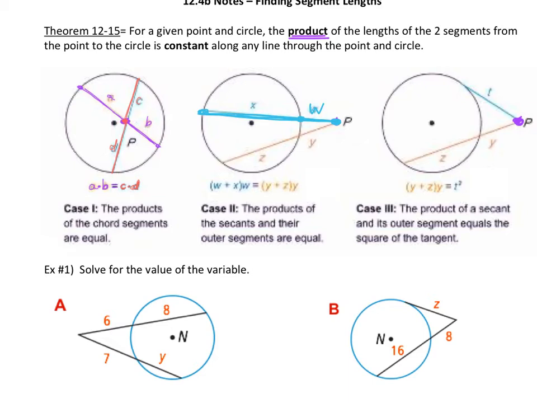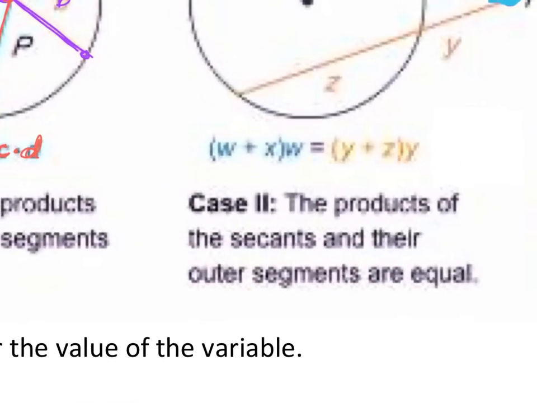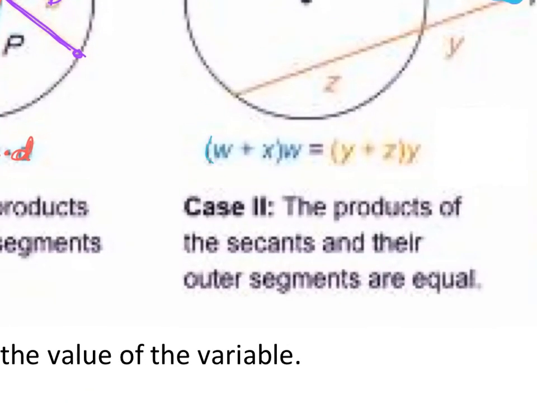Well, a lot of people want to say it's X, but it's not X. This is X. We are talking about this length. We want to multiply from the point to the circle. So that length is W plus X. So that's why the formula says W plus X times W.